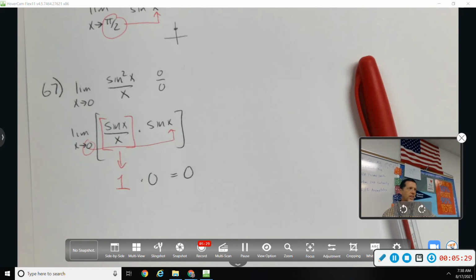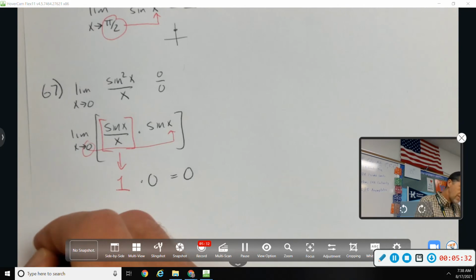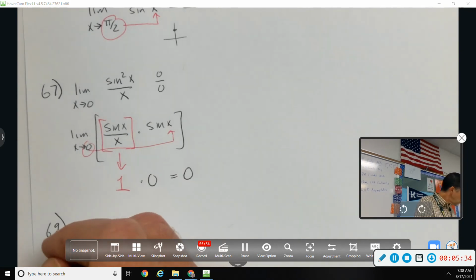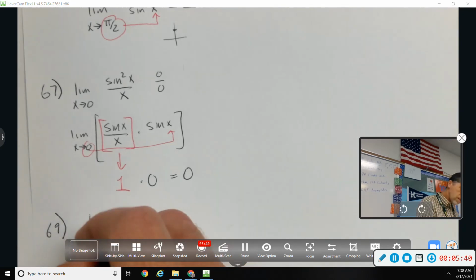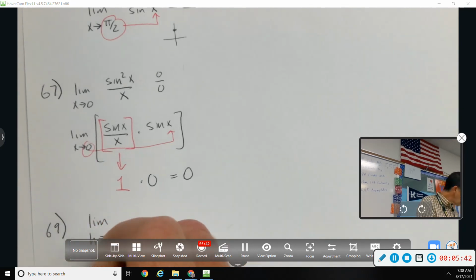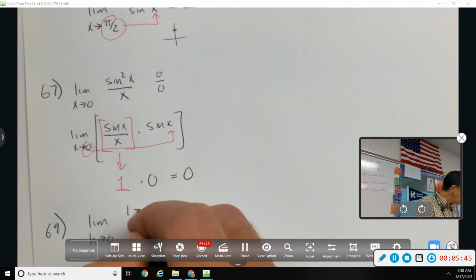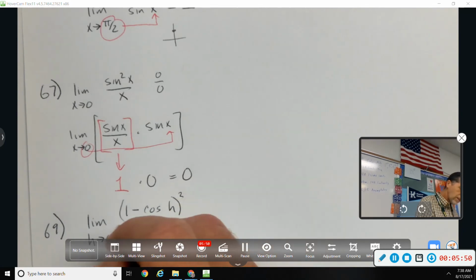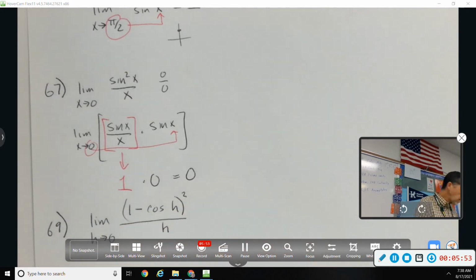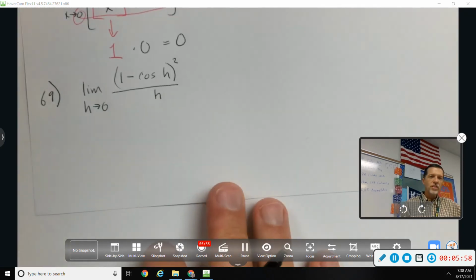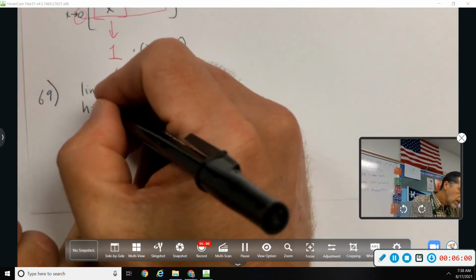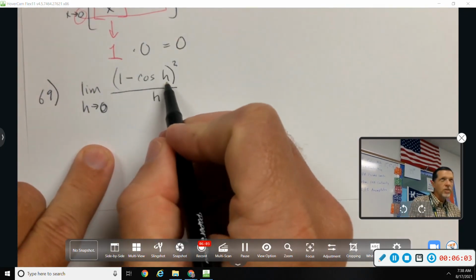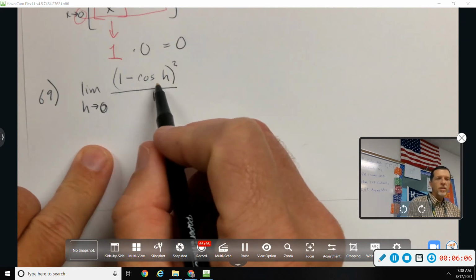Will you do 69? The limit as h approaches 0. They switched the variable on us, but that's okay. 1 minus cosine of h, squared, over h. I'm going to try substitution, although I'm pretty sure it's not going to work. 1 minus cosine of 0. Cosine of 0 is 1, 1 minus 1 is 0, so it's 0 over 0.